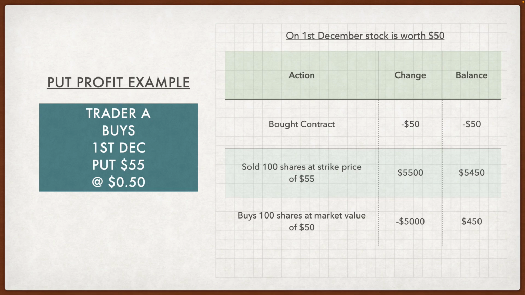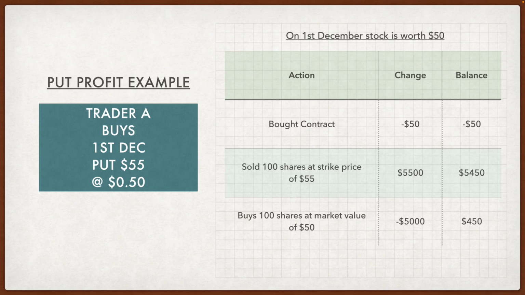From the opposite side, a put example, same thing, he buys the contract at $50, and then on expiration day the stock is worth $50, so he has won his contract, and he can sell 100 shares at the strike price of $55 and collect $5,500, which means he's currently $5,450 in the green.